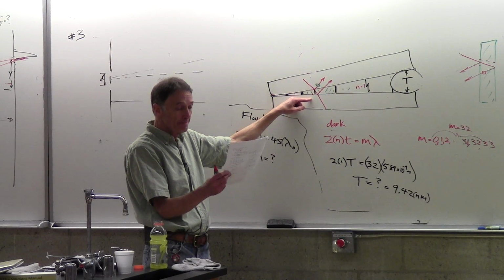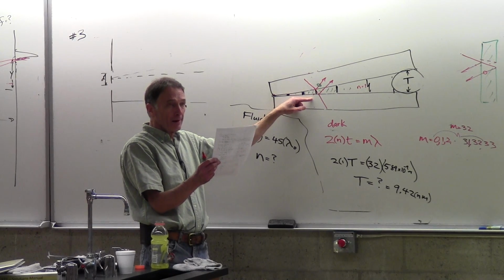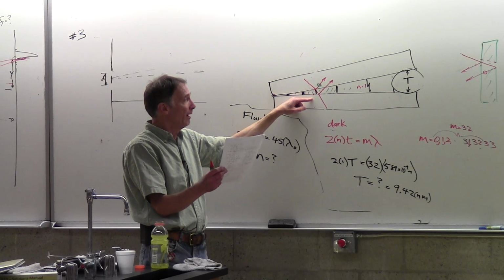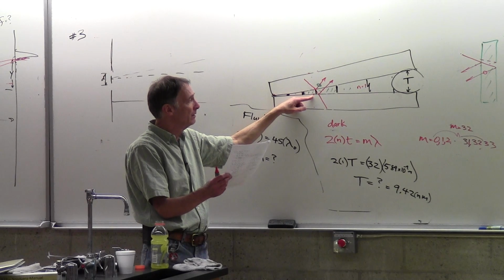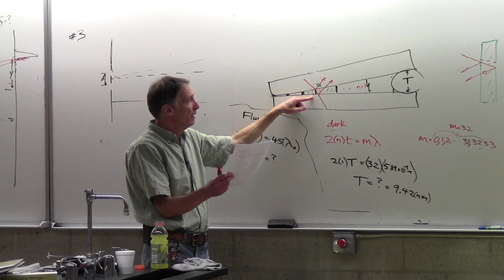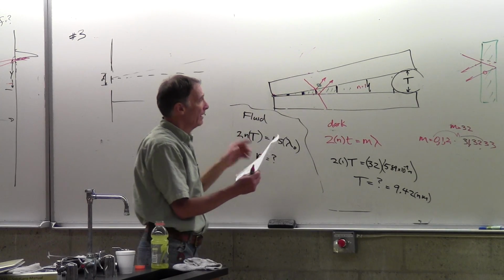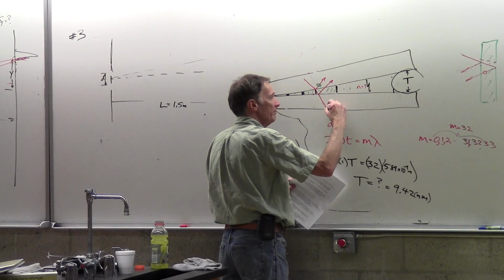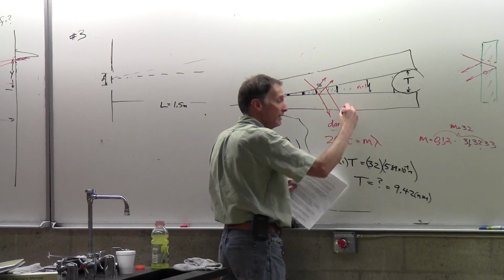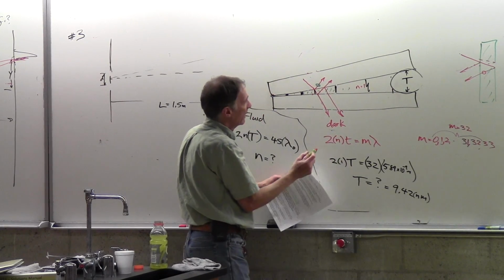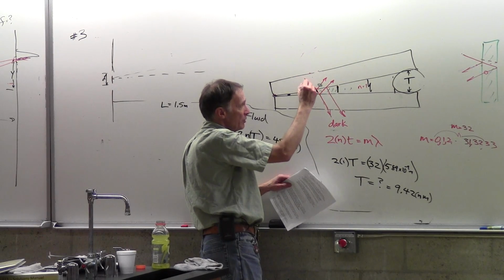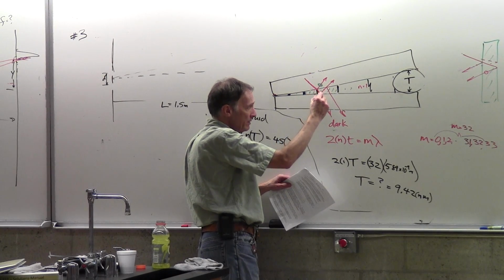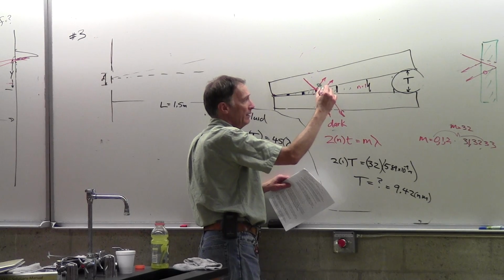Same number of phase changes maybe in both cases? We would, yeah, we would still be dealing. Well, okay, if it was transmitted light, there would be no phase change. So it would do this kind of thing. It's transmitted in phase and it's reflected in phase.